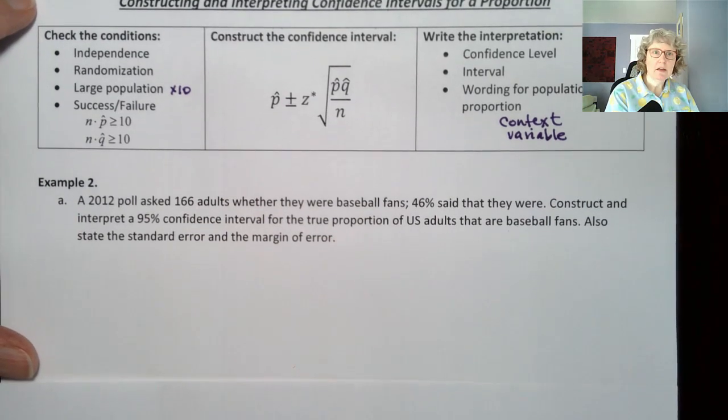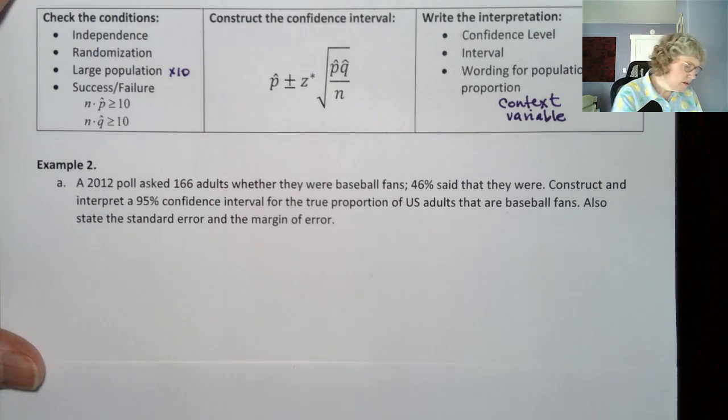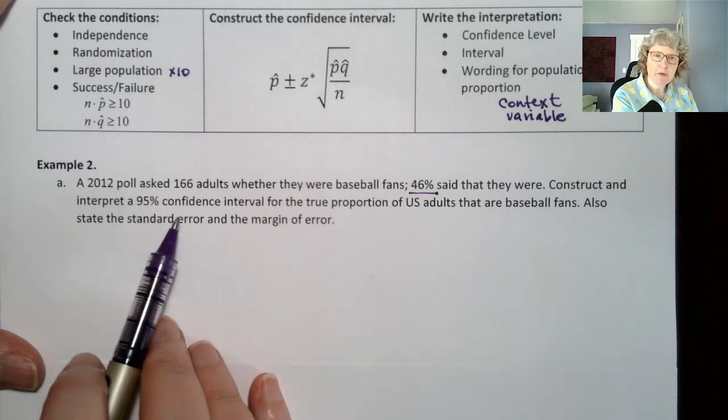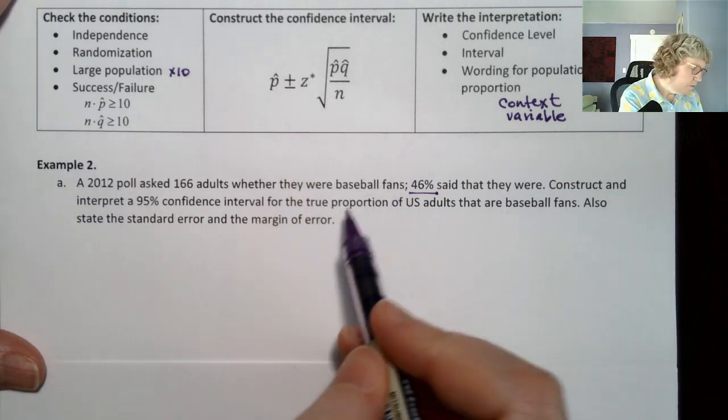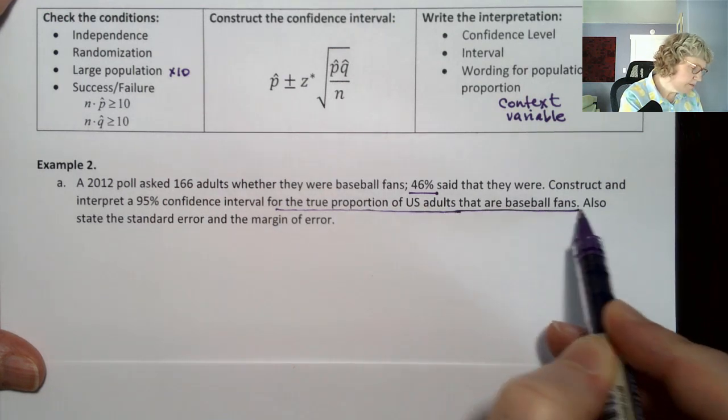I keep this box up here. A 2012 poll asked 166 adults whether they were baseball fans. 46% said they were. Construct and interpret a 95% confidence interval for the true proportion of U.S. adults that are baseball fans.